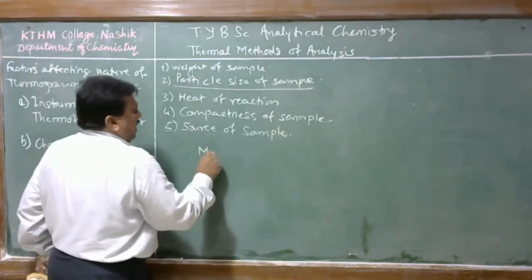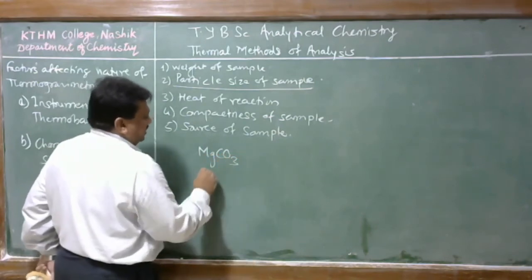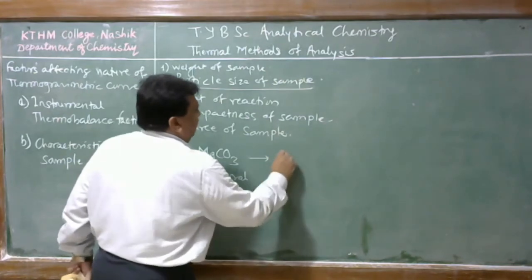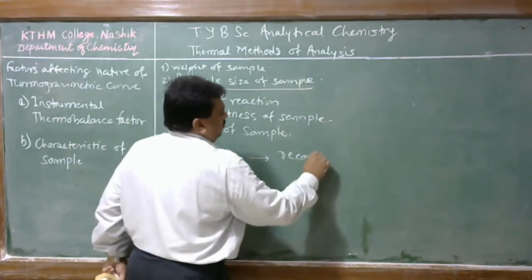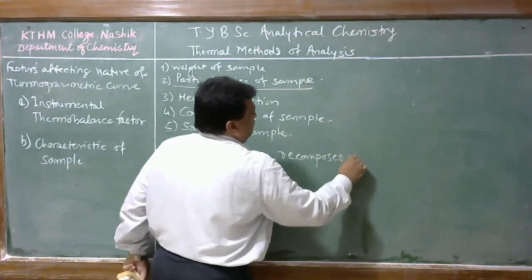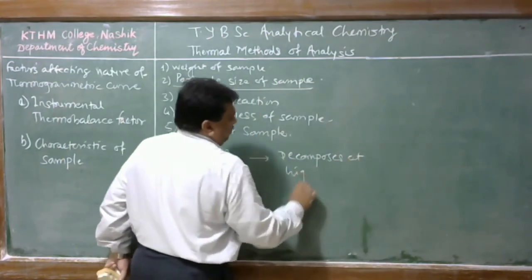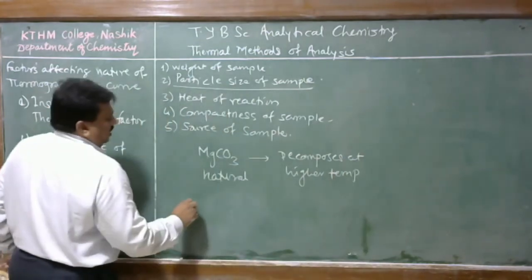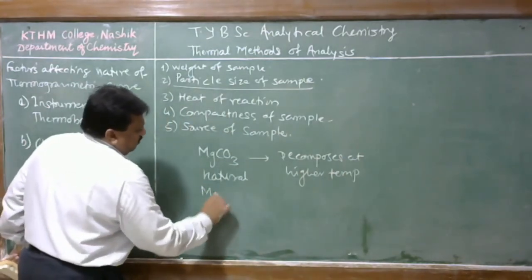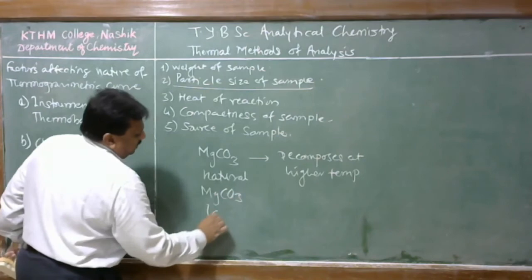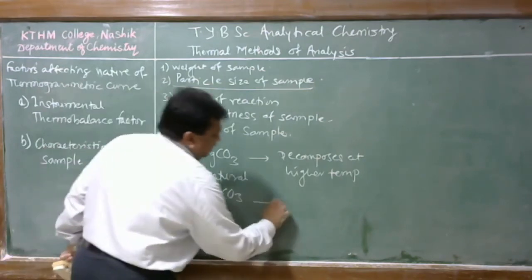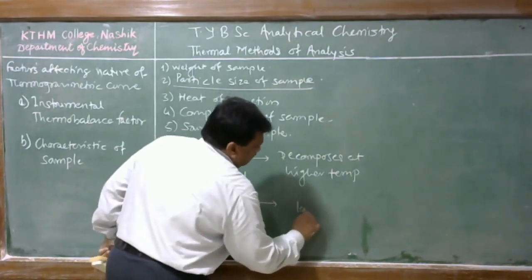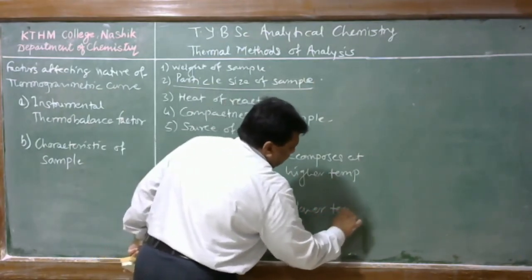For example, magnesium carbonate which is naturally obtained decomposes at a higher temperature, while magnesium carbonate prepared in the laboratory, which is a pure form, decomposes at a lower temperature.